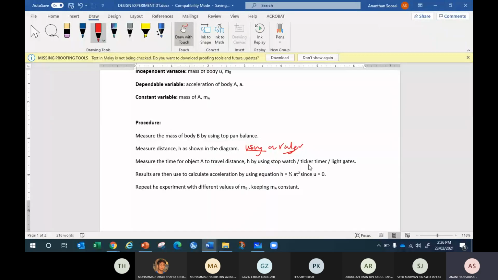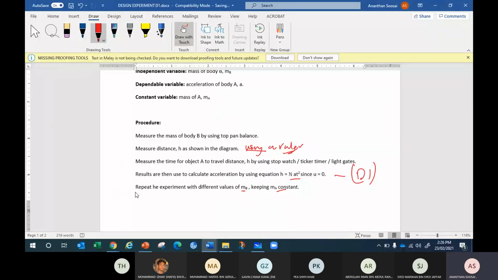How do you measure acceleration? Find the time, and introduce the formula. This can go for a detail mark: h equals half at squared, u taken to be 0. Repeat the experiment for a different MB value, with the mass of A kept constant and the mass of B changing.